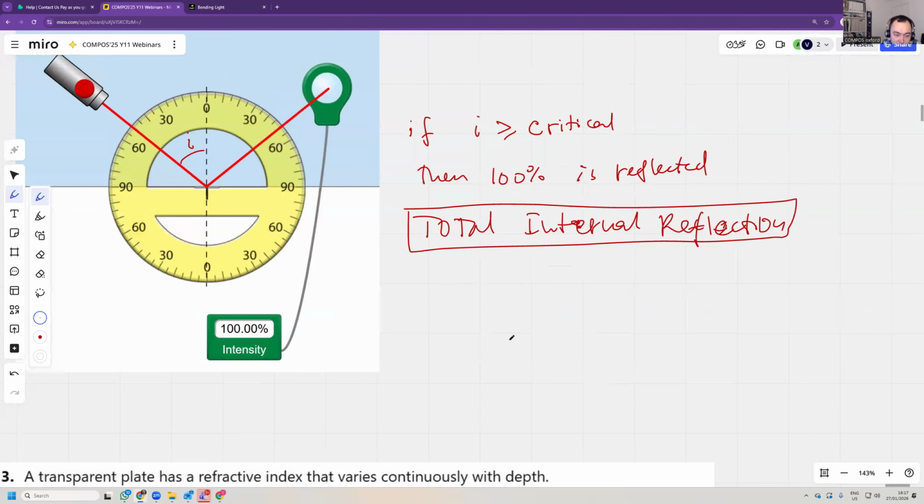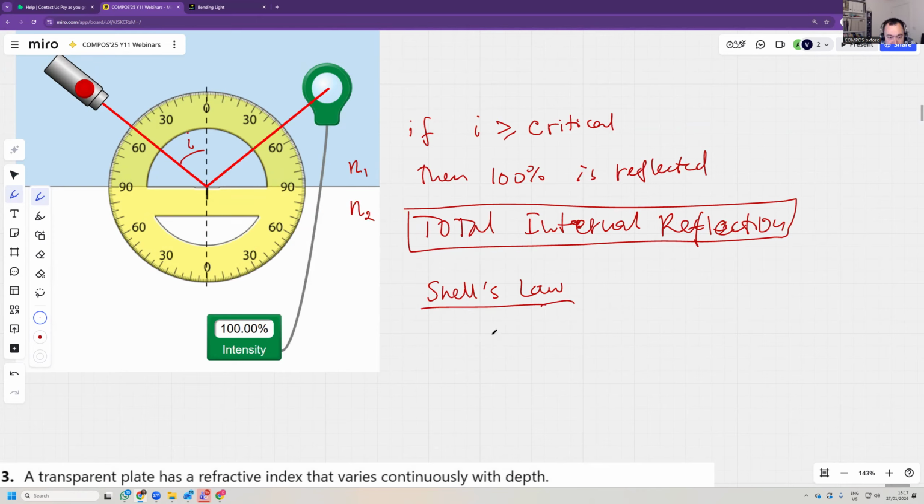if you use Snell's law of refraction, and this is the refractive index of water, refractive index of air.